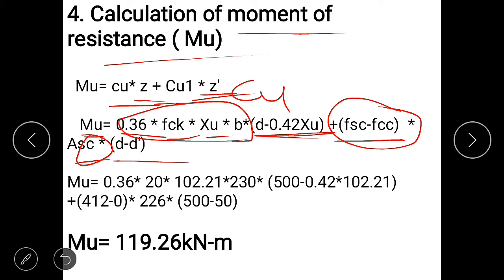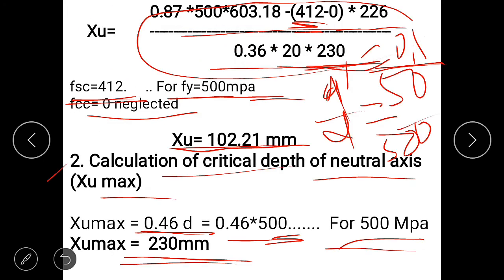Now we have to put our values in this formula. So 0.36 FCK, FCK is 20, XU is 102.21, B is 230, width of beam is 230, D is 500 minus 0.42 XU, XU is 102.21, plus FSC is 412. We already took this XU to calculate XU max, and we also used FSC and FCC values.